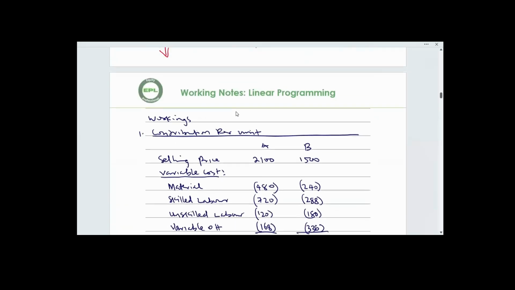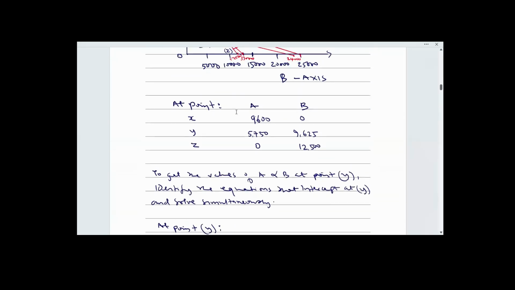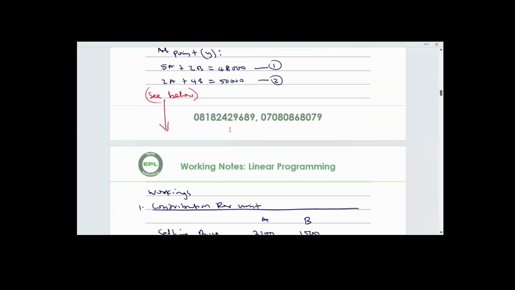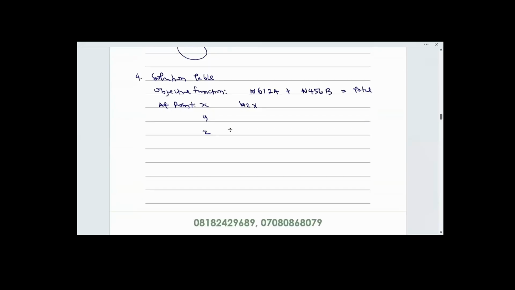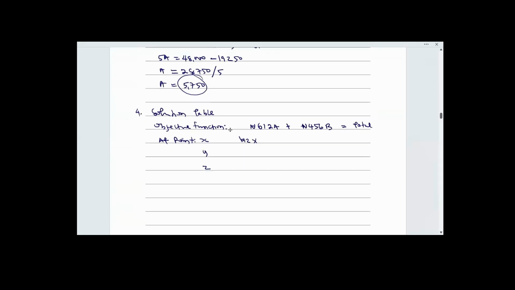We have 96 of A, 0 of B. 612 multiplied by 96, plus 456 multiplied by 0.